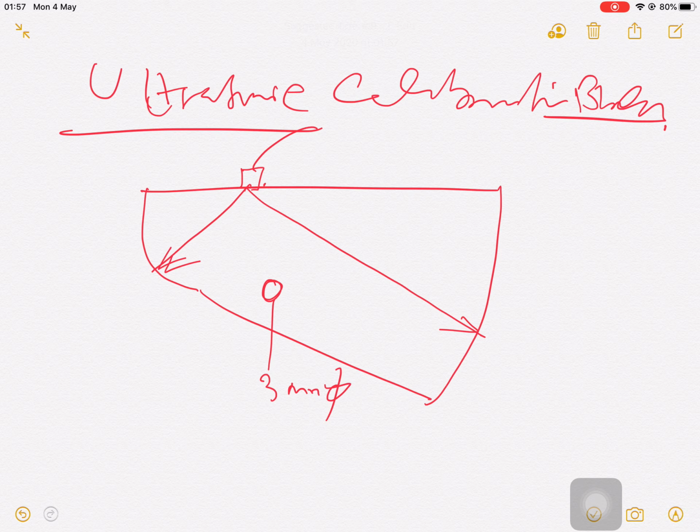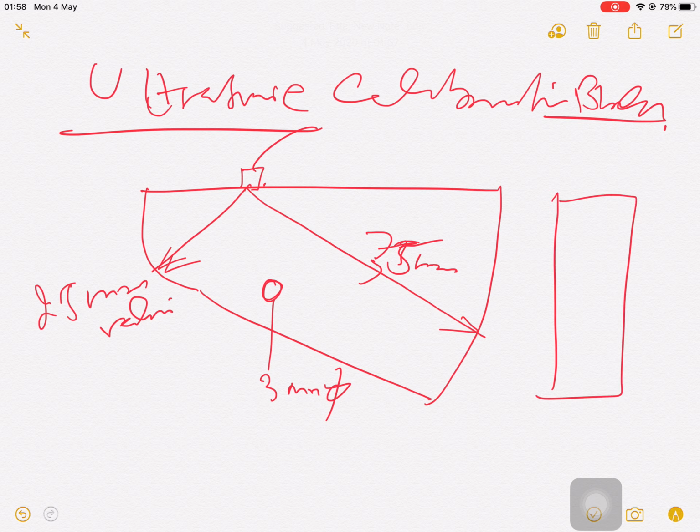So if you take this, the radius is 25 mm, and this is the 75 mm radius. If you take this, your thickness is 25 mm and your width is 65 mm.